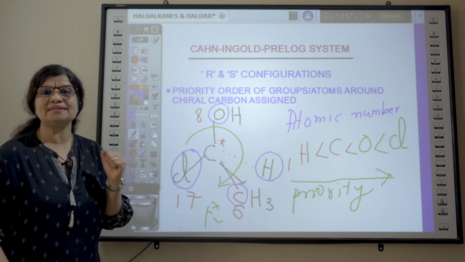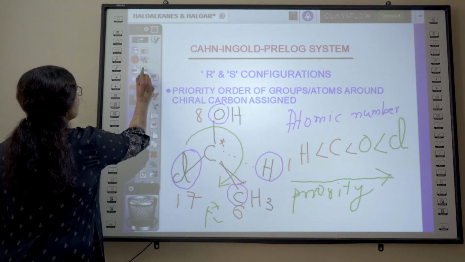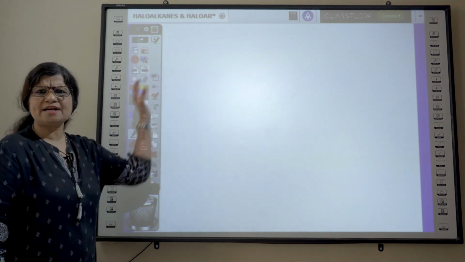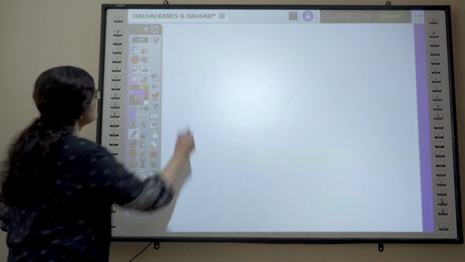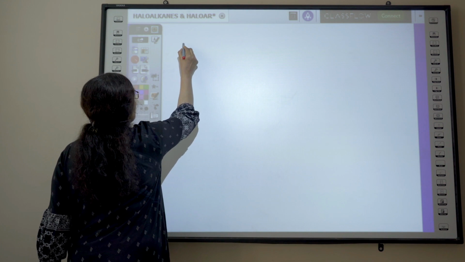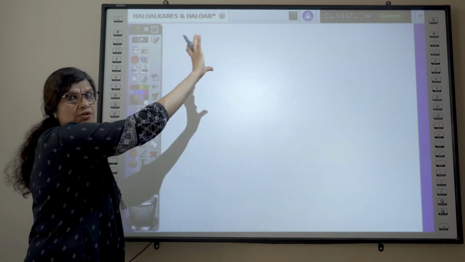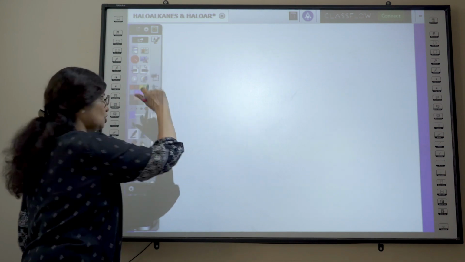So what do we do in these situations? Let me take a few examples. Now suppose, I'll draw a very simple picture here. I'm not drawing the perspective formula. Let me just write down the structure of the compound.